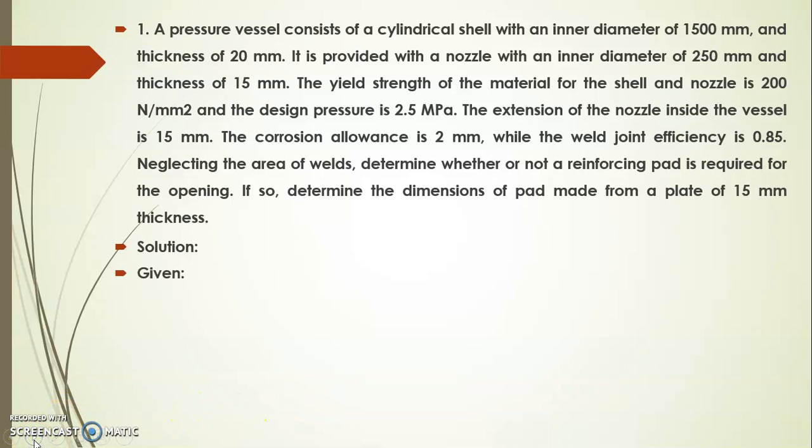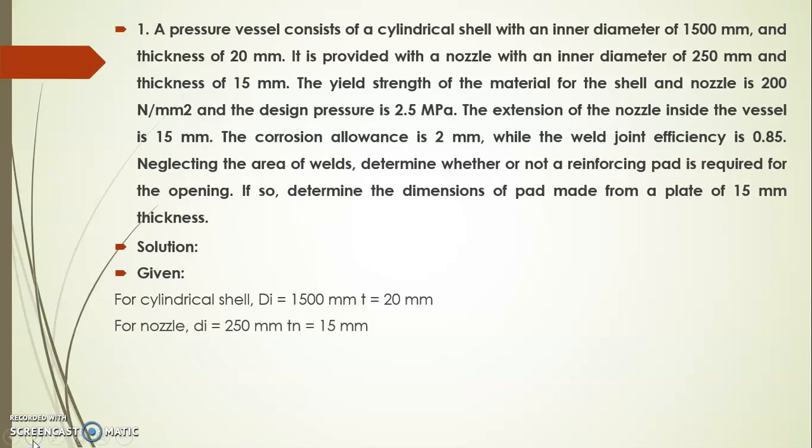Now this is the given data. For the cylindrical shell, DI, the internal diameter, is equal to 1500 mm. Thickness small t is equal to 20 mm. For the nozzle, small di, that is the nozzle inner diameter, is equal to 250 mm. Tn, that is the thickness of the nozzle, is equal to 15 mm.